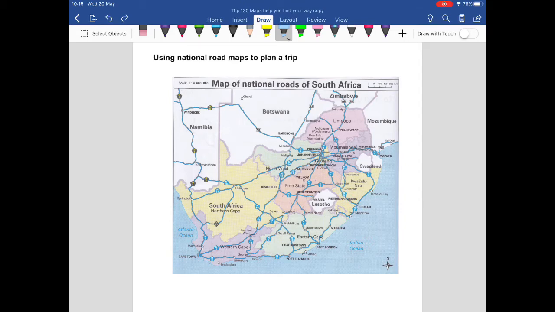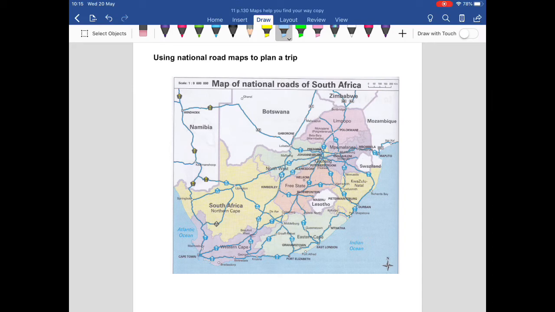One thing I need you to take note of is always orientate yourself and make sure that north is facing upwards and not perhaps to the side when you have a different orientation. So check to see where north is. If we have a look at these maps, there are various routes we can take.